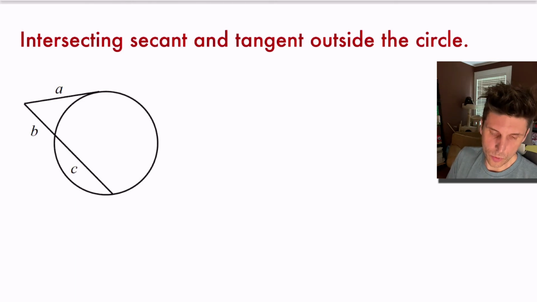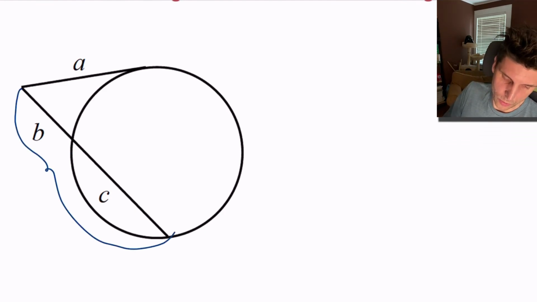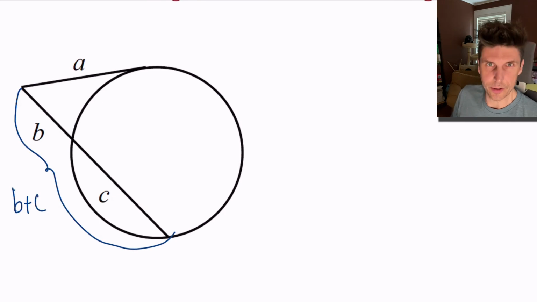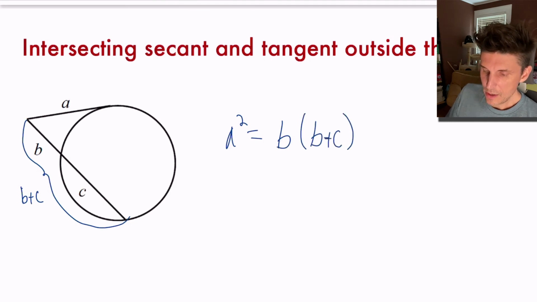You can't do anything with the tangent because the outside part is the whole. But with the secant, it's really important that you acknowledge the whole. So this is B plus C in this scenario. The relationship is simply going to be A squared equals outside part B times the whole, B plus C. Because the outside part is the whole for the tangent, you actually end up multiplying it by itself, so that's A times A, A squared.